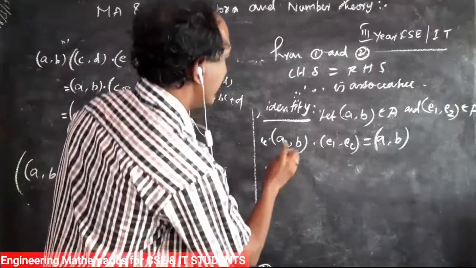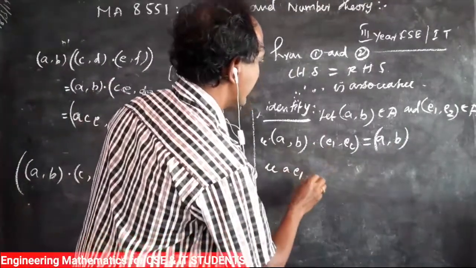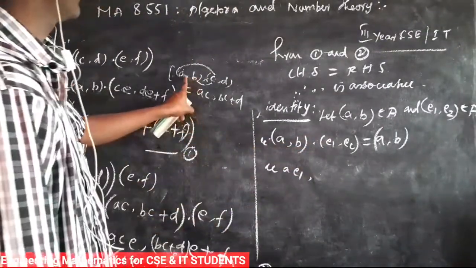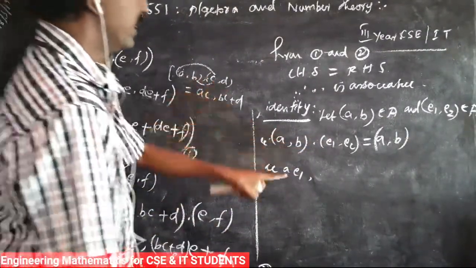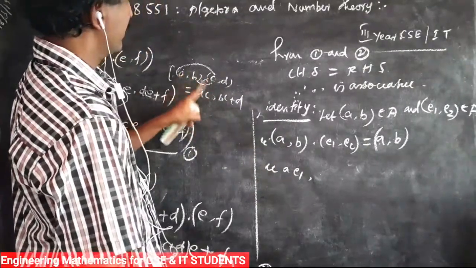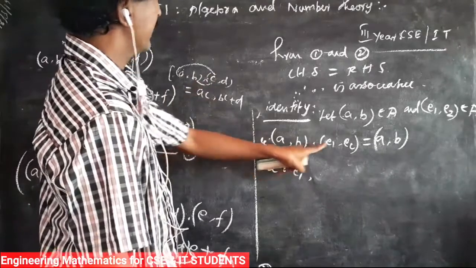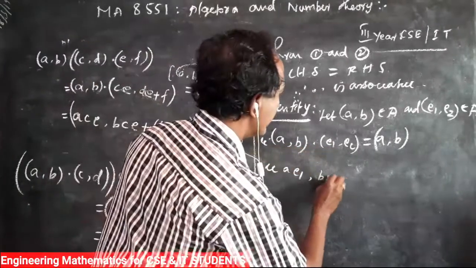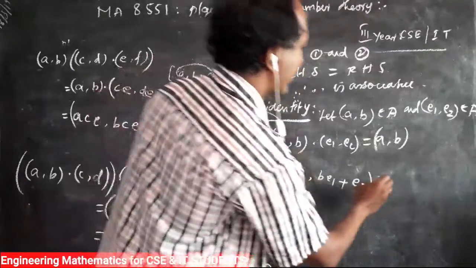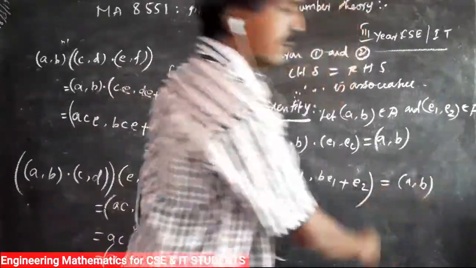So that is equal to (AE1, BE1 plus E2) equal to (A, B).